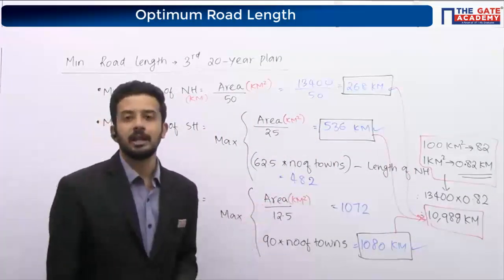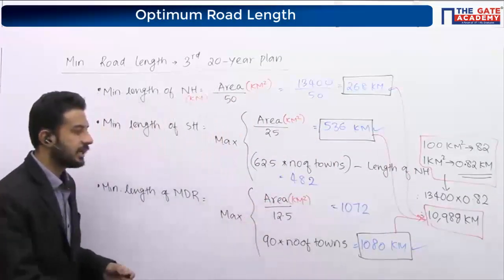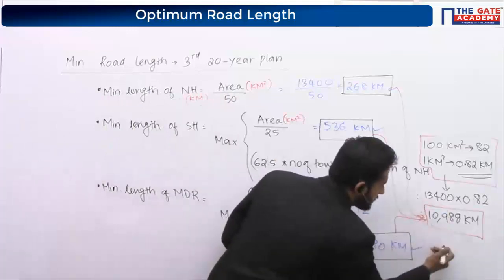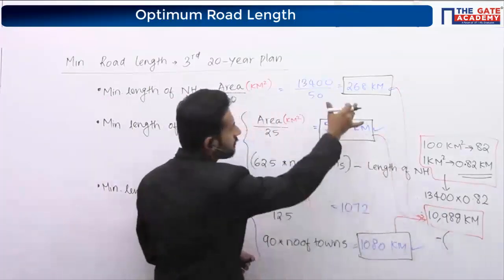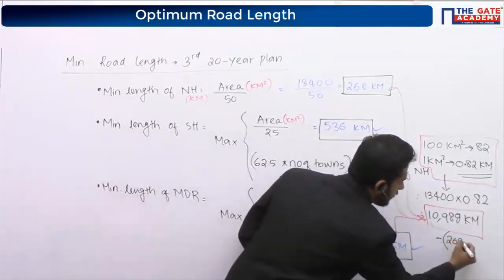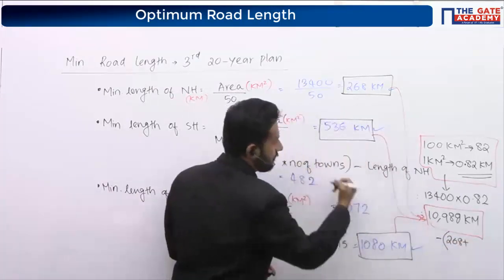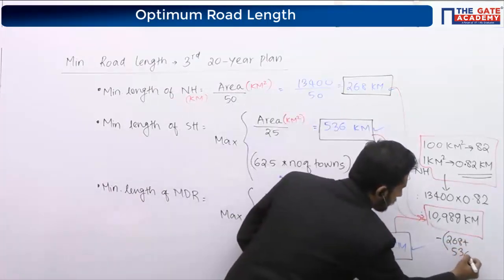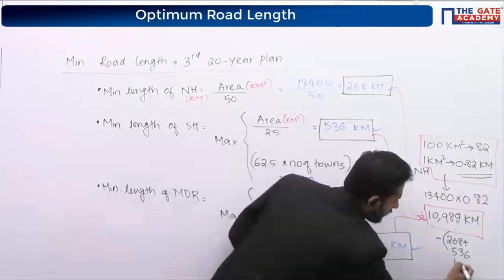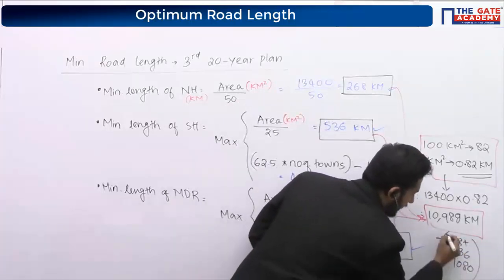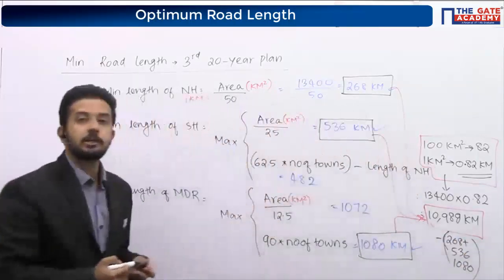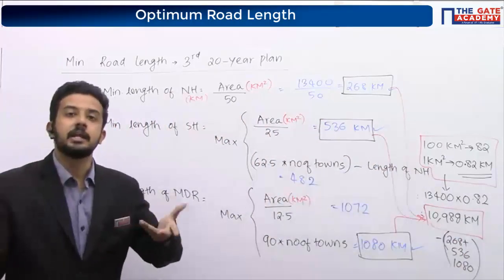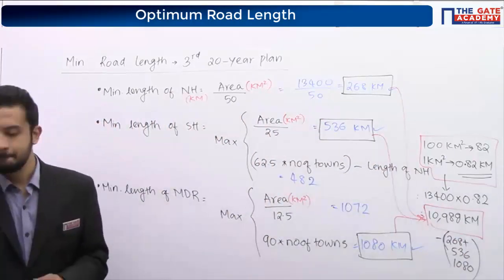What is the remaining road length? If you subtract 268 plus 536 plus 1080 from the total, what are you going to get? The remaining.